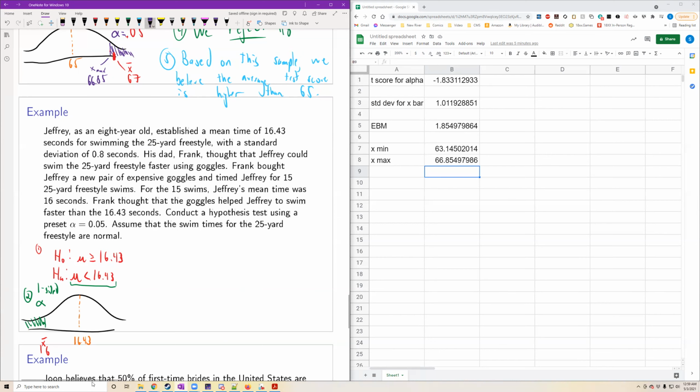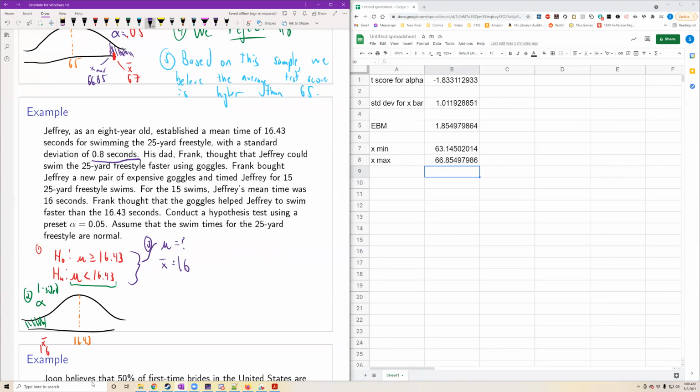Let's write down everything we know. The suspected mean we don't know, but we have a guess. The mean from our sample ended up being 16. This time, the standard deviation is 0.8 seconds. That's not from our sample.